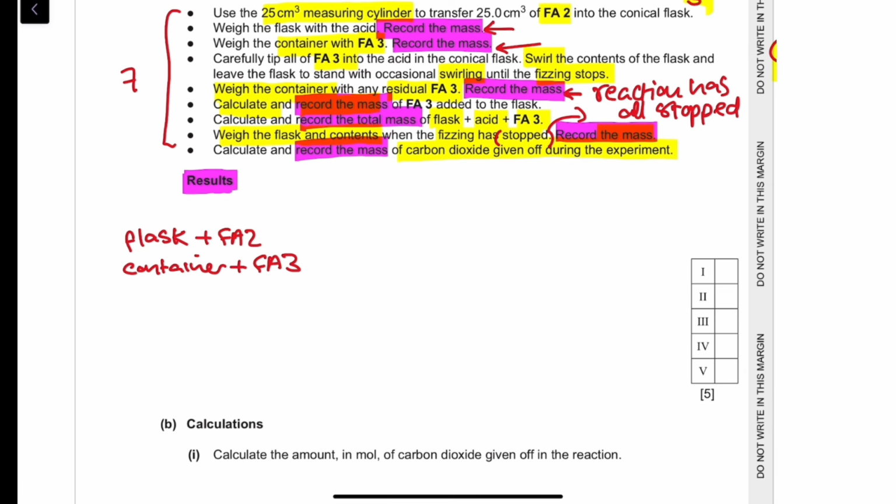Then down here we calculated the residue of Fa3. Then right here we calculated the mass of Fa3 added.